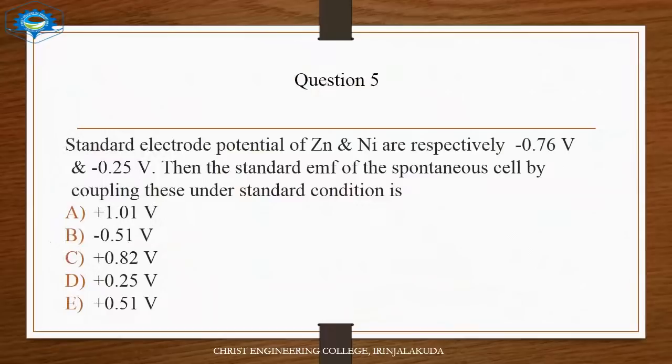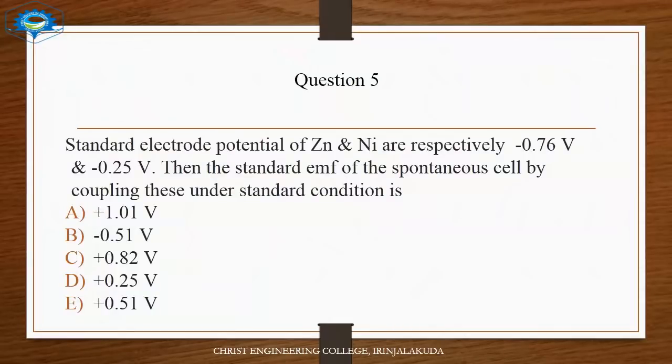Question number 5, answer E. Standard electrode potentials of zinc and nickel are respectively minus 0.76 volt and minus 0.25 volt. Then the standard EMF of the spontaneous cell formed by coupling these under standard conditions. The E0 values for zinc and nickel are already given.